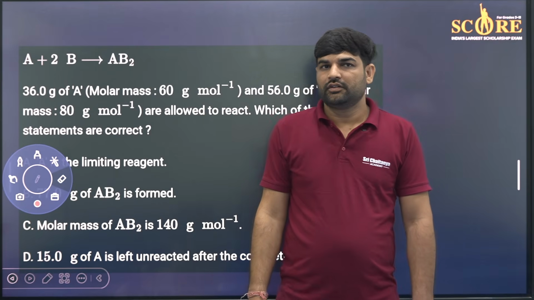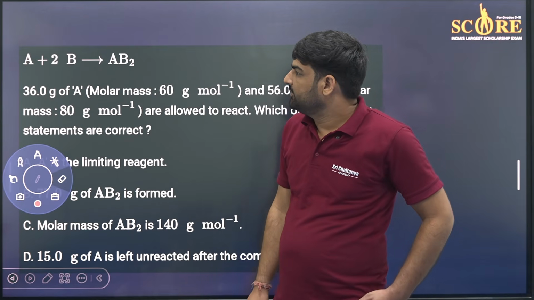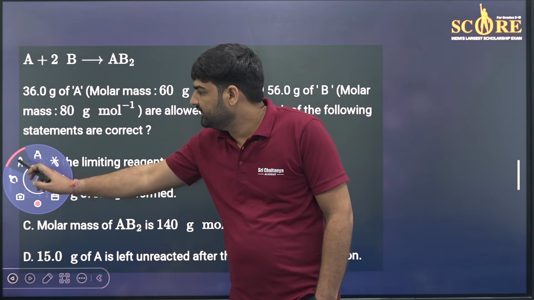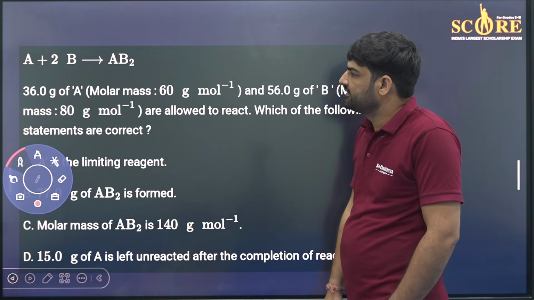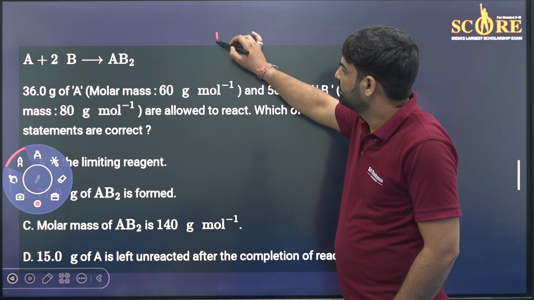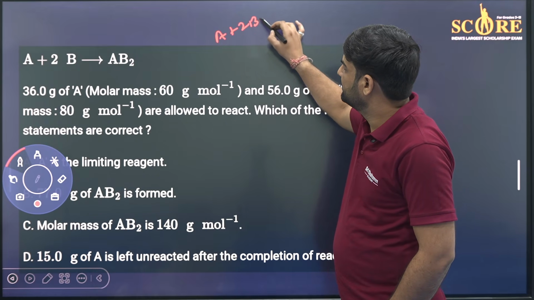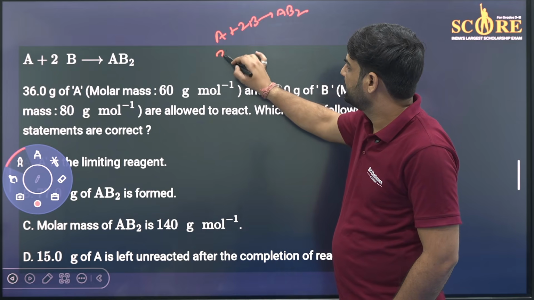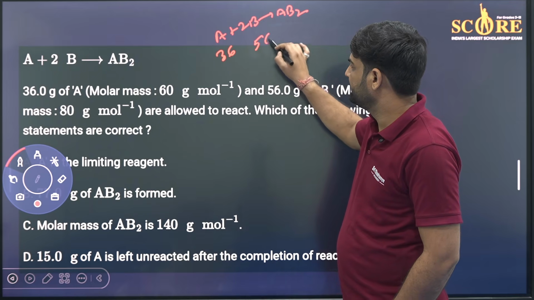So in this question, A plus 2B converts into AB2, and A is 36 gram and B is 56 gram.